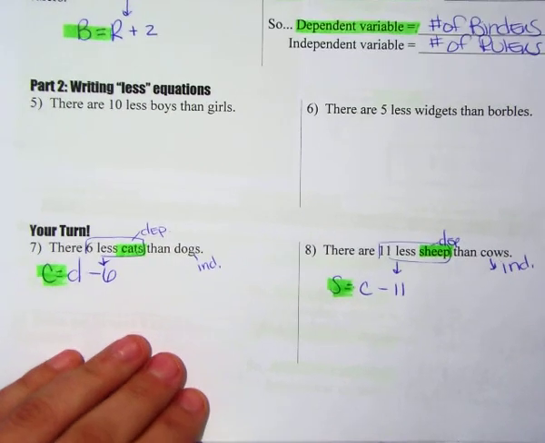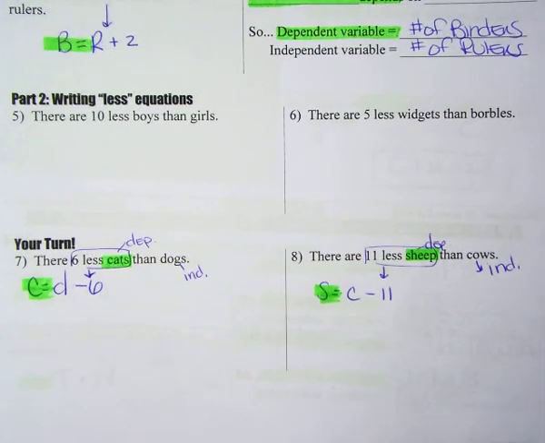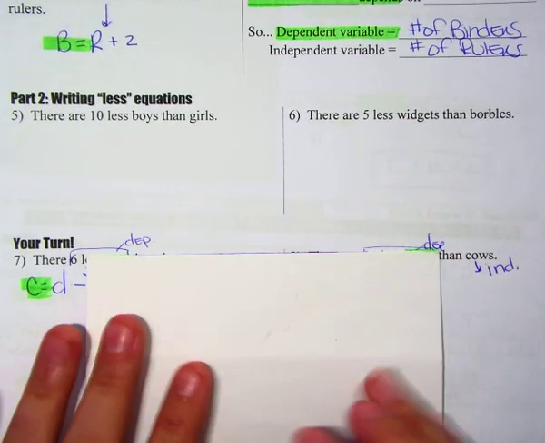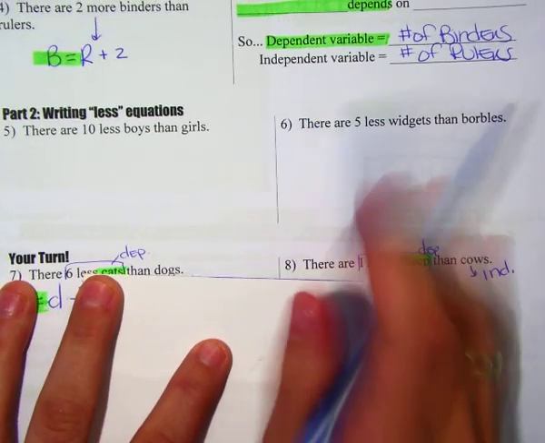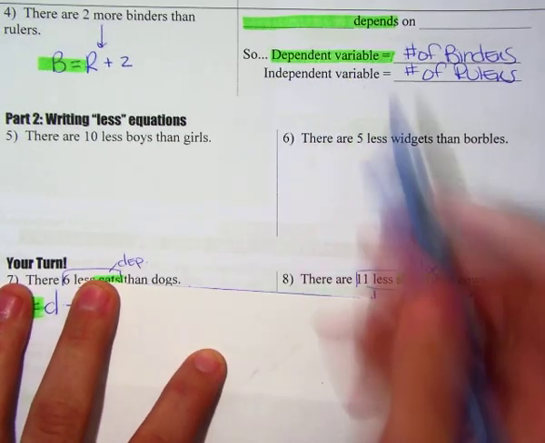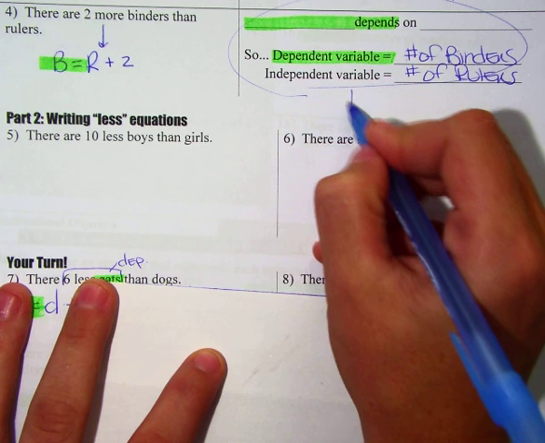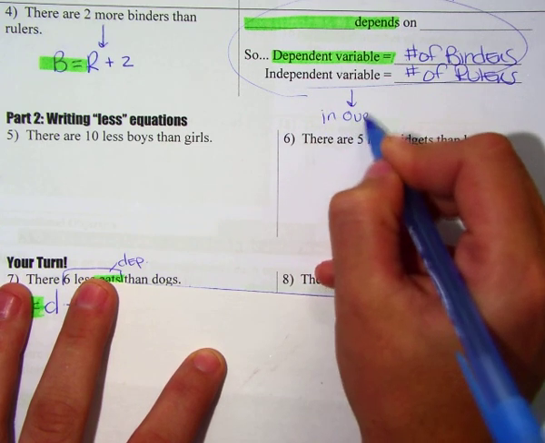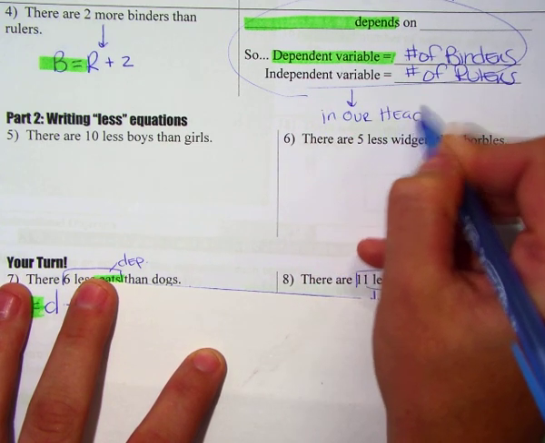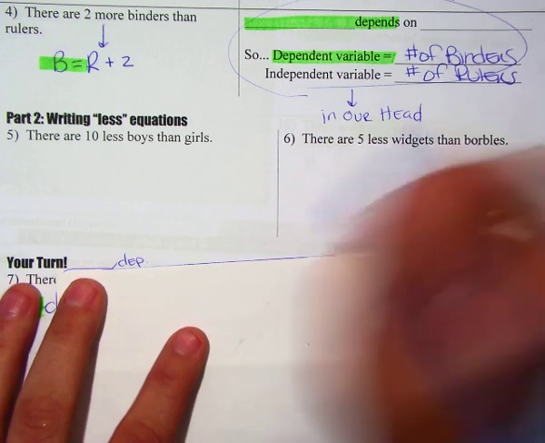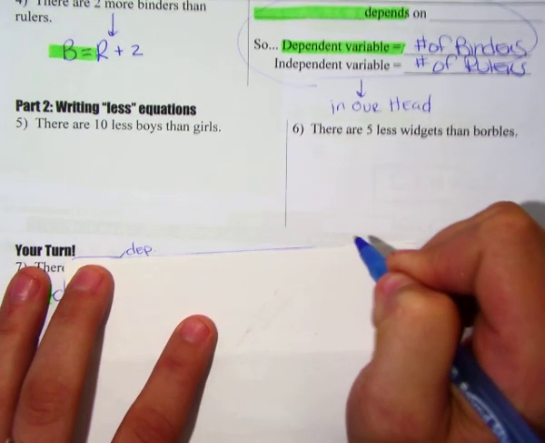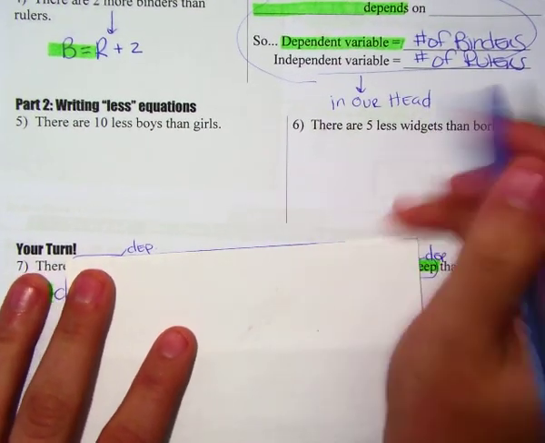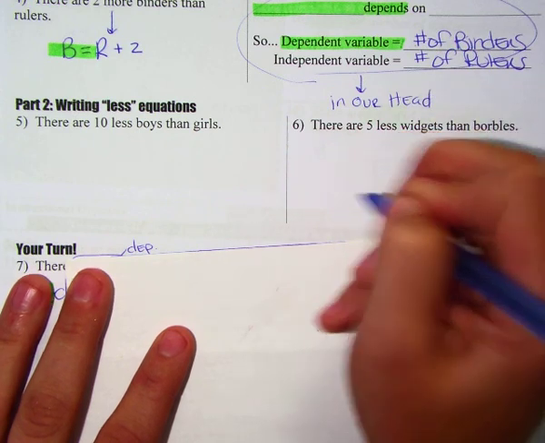Looking at part 2, writing less equations. Same idea, just writing less. But notice that these questions are no longer here. These have disappeared. Now we have to start doing this in our head. This is a conversation that we need to have in our own head in order to write the equation. So here we go. There are 10 less boys than girls.